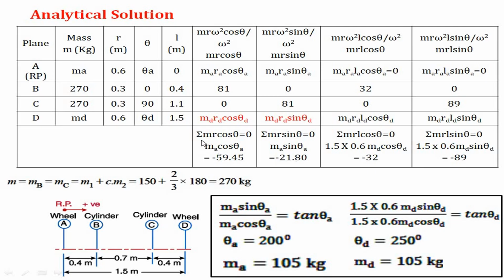See, MA is never going to be negative. So the sign is controlled by cos theta a and sin theta a. If cos and sin both are negative, that means we are in third quadrant. Same thing over here, cos theta d and sin theta d both having negative values. So it is in third quadrant. So the angle we are going to get is in third quadrant, because through direct calculation using a calculator, you are never going to get theta a equal to 200 degree or theta d equal to 250 degree.